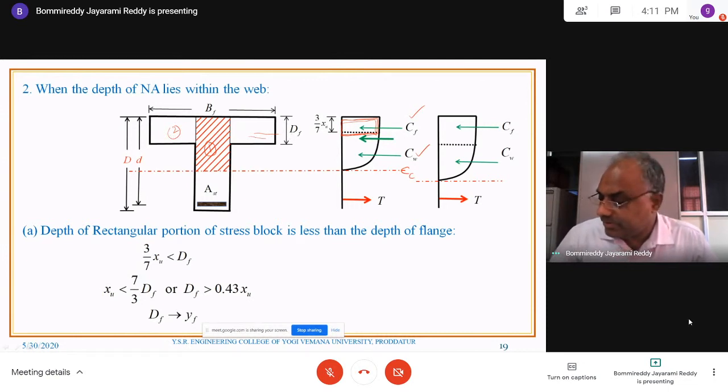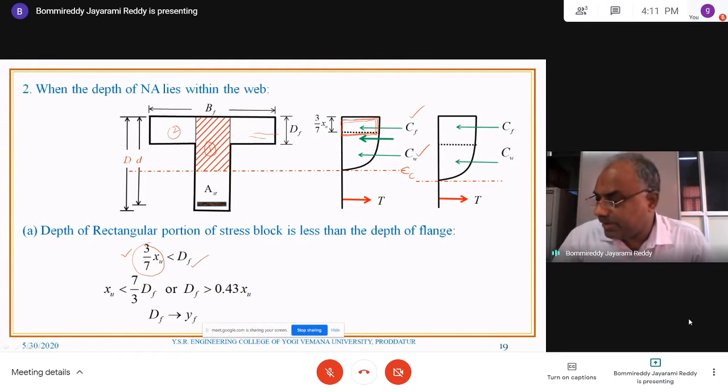You can look at it: 3/7 of Xu is less than Df. Df means the depth of the flange. The depth of the rectangular portion of the stress block is less than the depth of the flange.